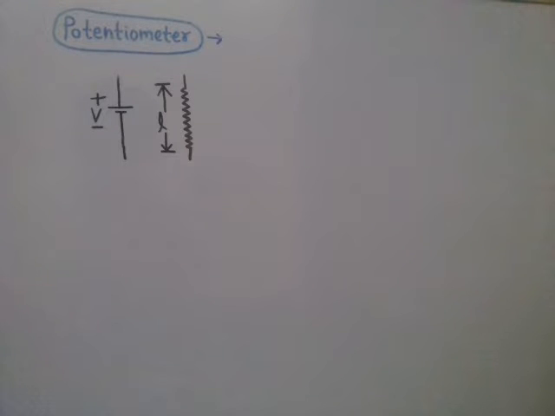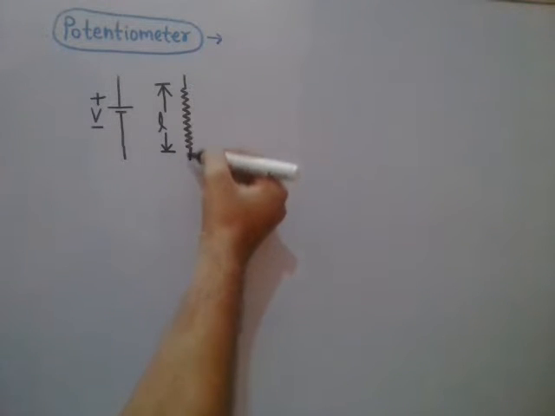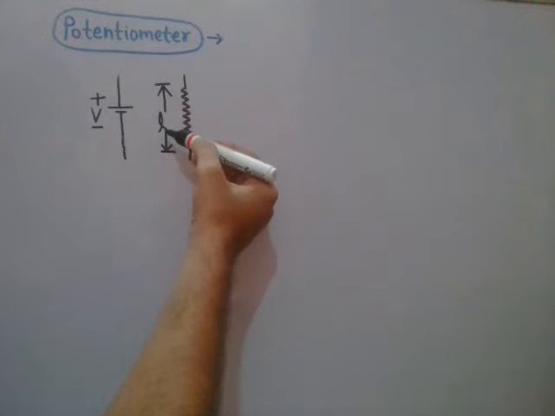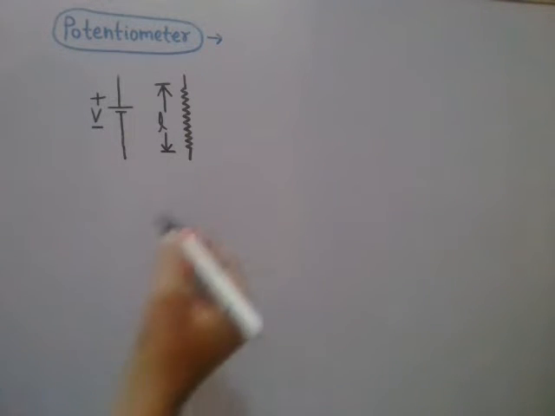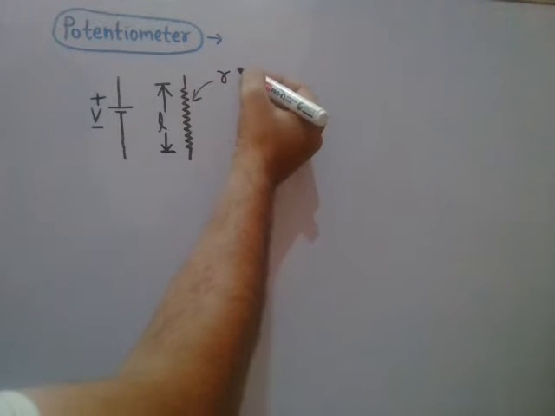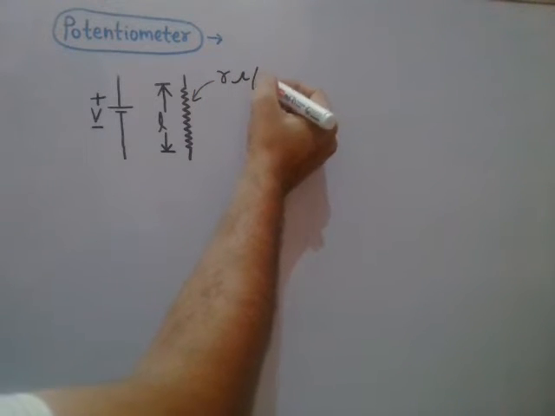So how do we measure displacement using a potentiometer? Let us discuss now. First of all, have a look at it. This is a wire of length small l, and the resistance of this wire is small r ohms per meter.